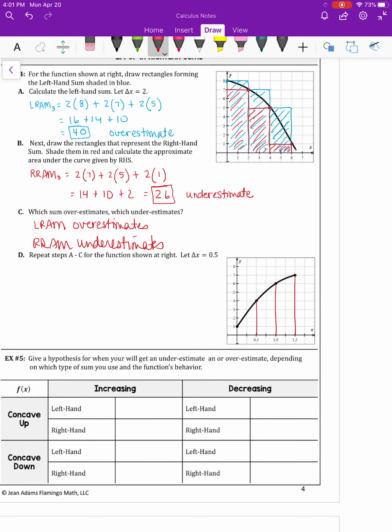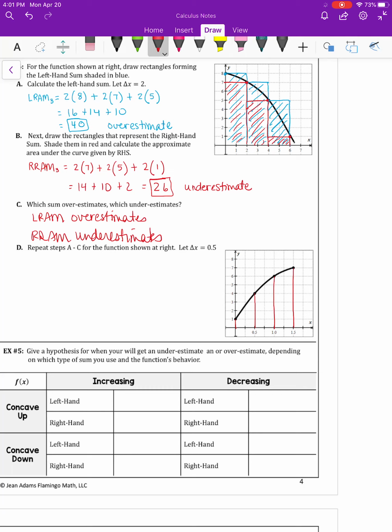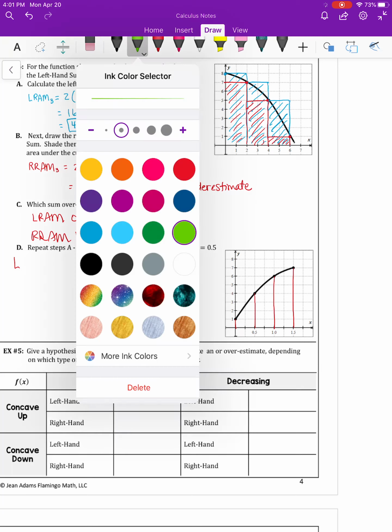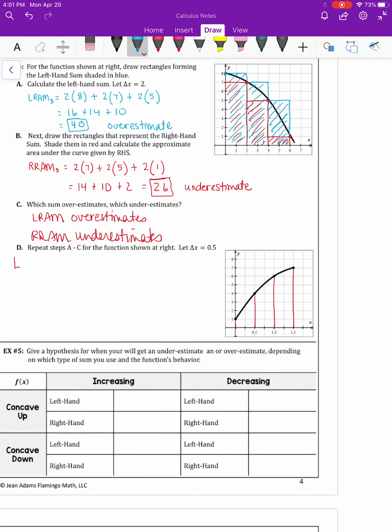And now it says repeat steps A through C for the function shown at the right and let delta x equal 0.5. So if delta x is 0.5, we are going to break it up into 3 rectangles here. And we're going to do LRAM 3 in blue. Now, did you notice that every single one of these is 0.5?